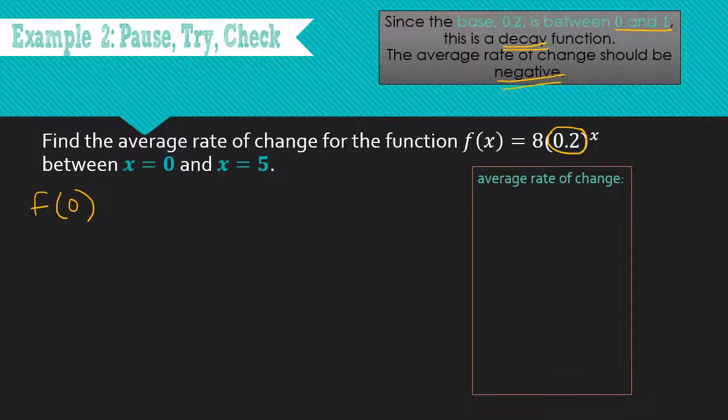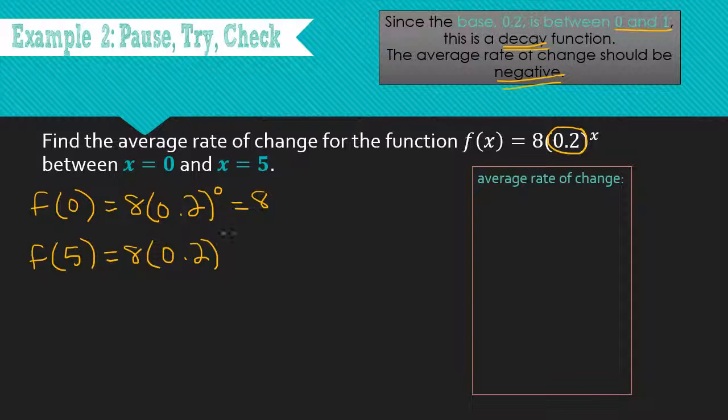I'm going to evaluate at f of 0, so that's going to be 8 times 0.2 raised to the 0 power. Okay, and when I evaluate that, anything raised to the 0 power is just 1, so 8 times 1 is just 8. And then f of 5, I'm going to go ahead and evaluate this, so 0.2 raised to the 5th.